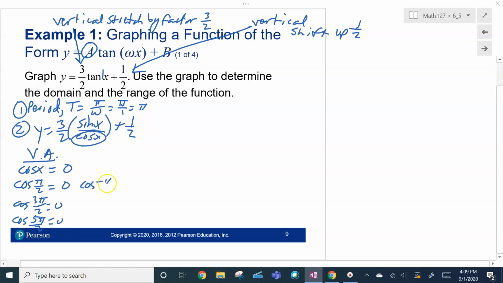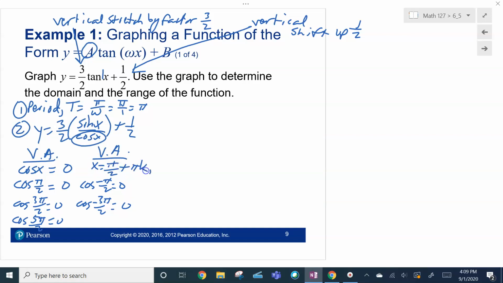We also know the cosine at negative pi halves is 0, and so on. So the general form would be pi halves plus pi k, where k is an integer. And that'll take care of all of those vertical asymptotes.